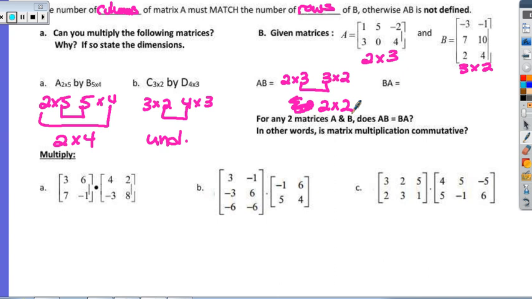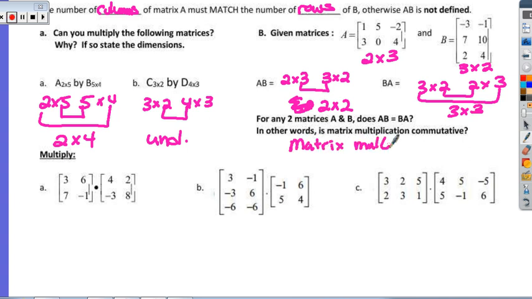If I go in the other order, B, A, so I'm going to list the dimensions of B first, and then A. This again is still defined because the columns of B match the rows in A, but the resulting matrix would be a 3 by 3, which makes matrix multiplication different than real number multiplication because it is not commutative. So this is really important. Matrix multiplication is not commutative.